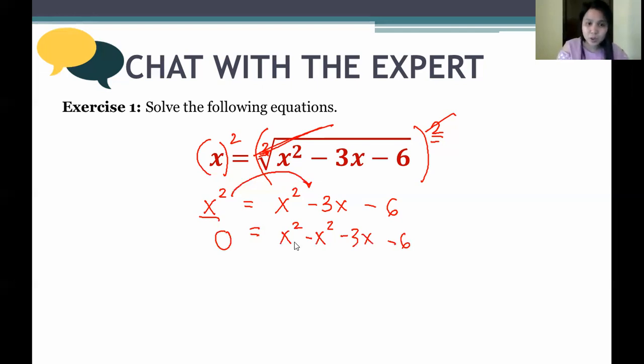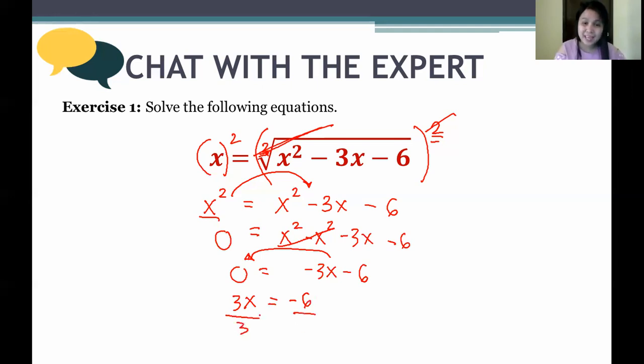Okay, so this is now 0. We now have negative 3x minus 6 equals 0. Let's transfer 3x to the other side. So 3x equals negative 6. Divide both by 3, the numerical coefficients cancel. So x is equal to negative 2.